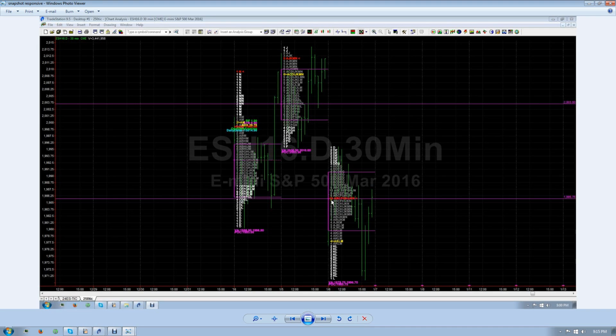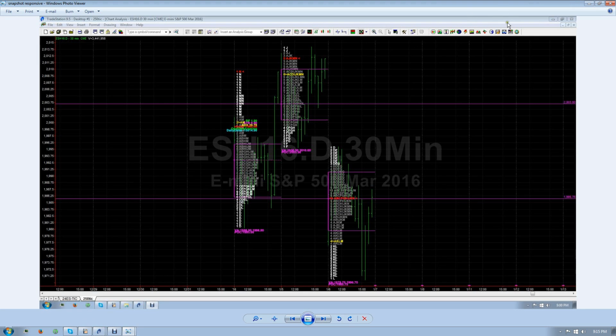So there's two examples. Both of these are responsive activity. This is responsive activity in relation to this day and its range, and this is responsive activity in relationship to this day. And so that's a real life example of that.